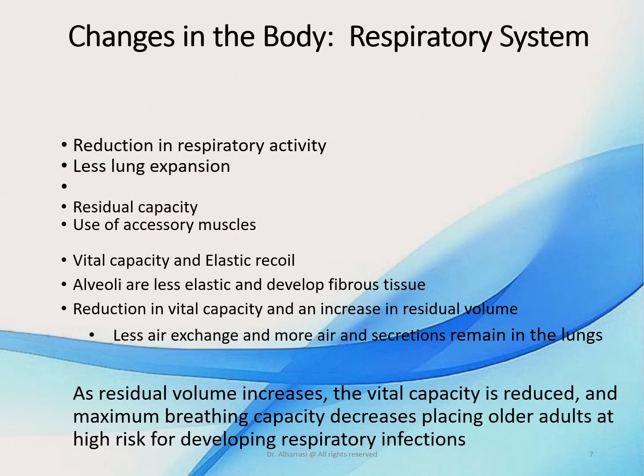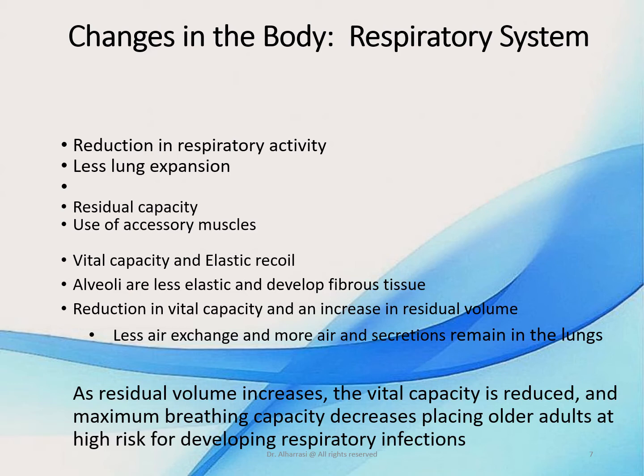So let's start with the respiratory system. What changes do we normally see in the respiratory system? Usually there is a reduction in respiratory activity, because the lungs will have less expansion. The residual capacity will also increase. There will also be use of accessory muscles because of that.